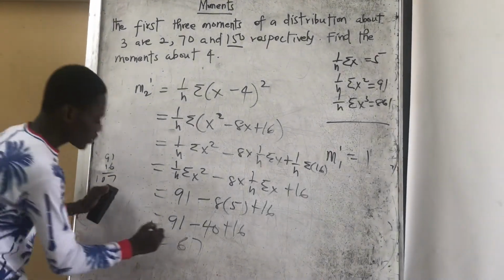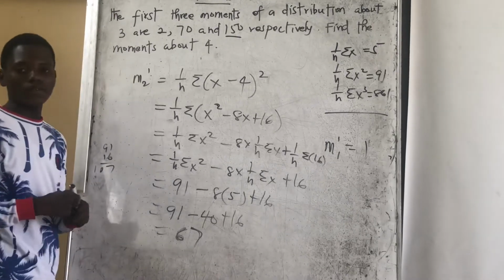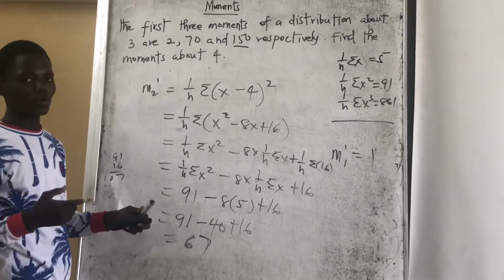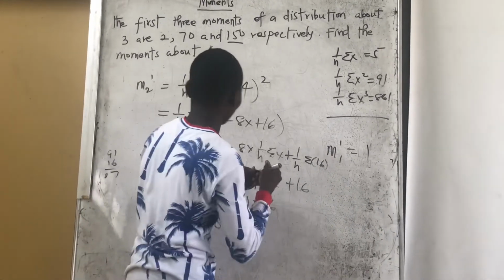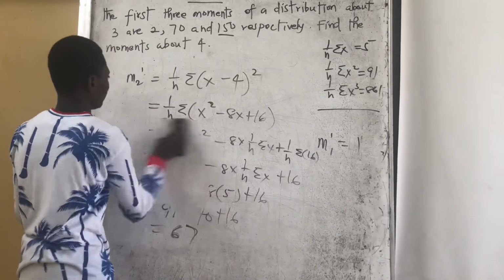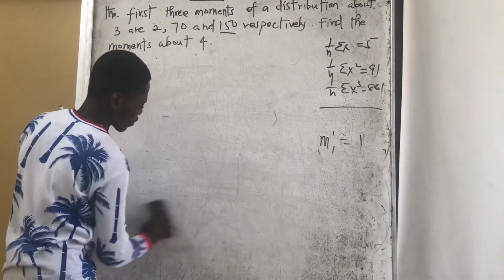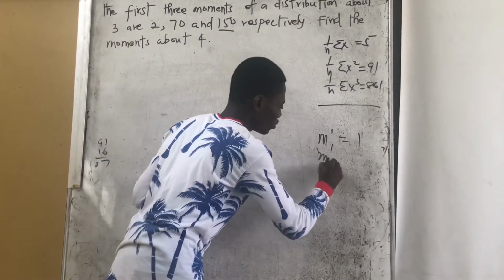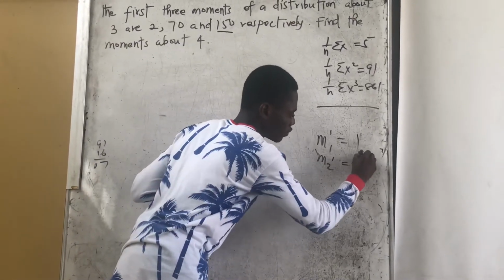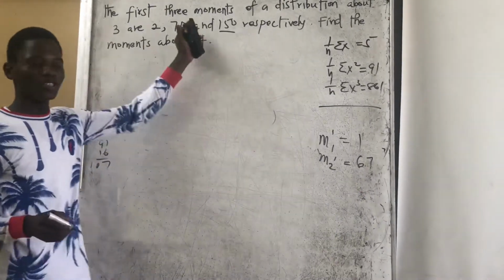Okay, so 67 is the second moment about 4. So m2 is 67, the second moment about 4 for this distribution.